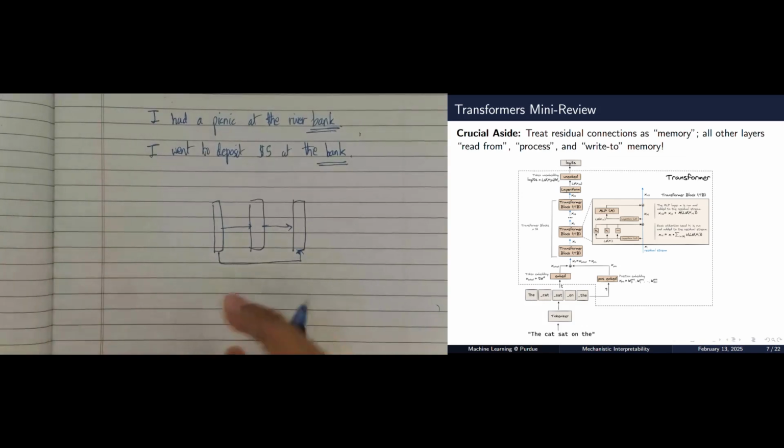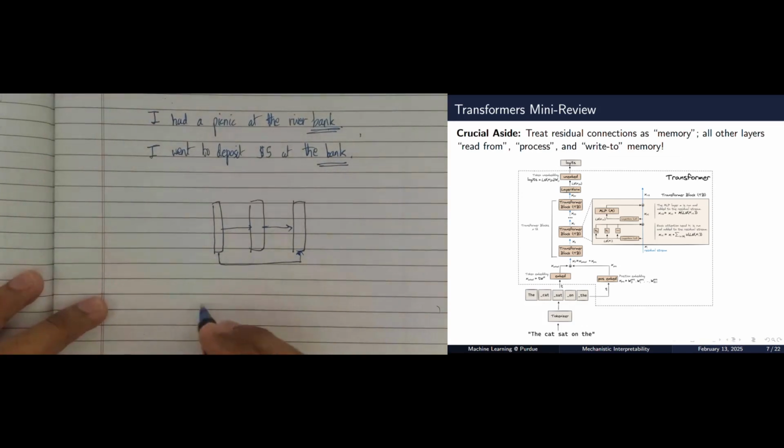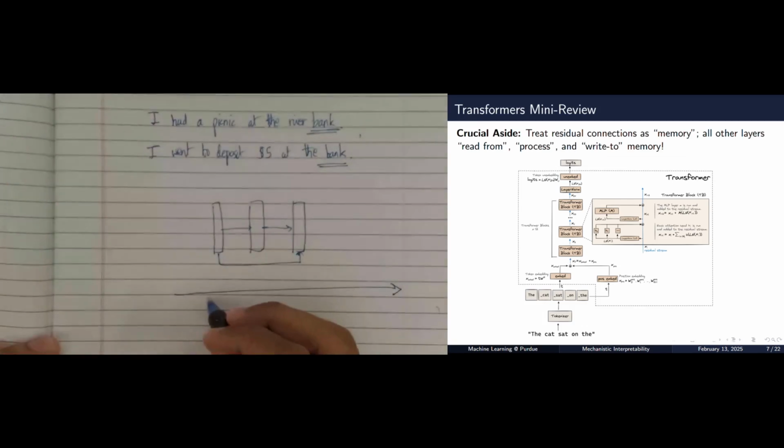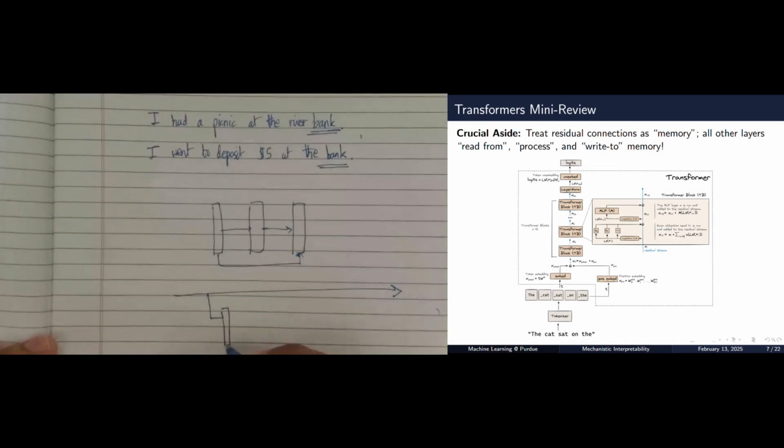The contextualization that we want to do is to treat the residual stream as the backbone of the actual neural network, and think about the layers as reading from and then writing to this residual stream, where it reads from the residual space, makes some change, and then writes back into it.